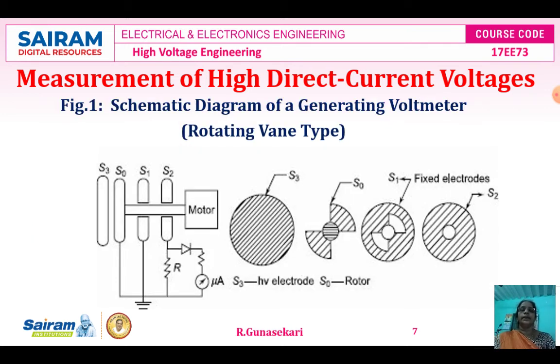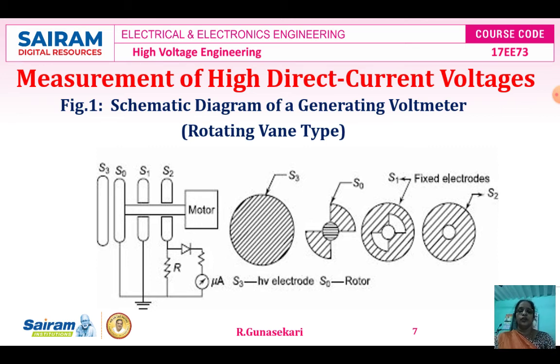This is the schematic diagram of the generating voltmeter. This is the rotating vane type generating voltmeter. In this circuit diagram, the generating voltmeter consists of 4 electrodes S0, S1, S2, S3. S0 is the rotor electrode. S1, S2 are the fixed electrodes.